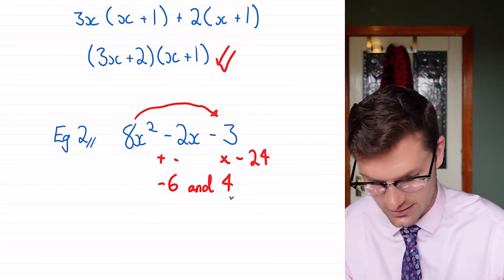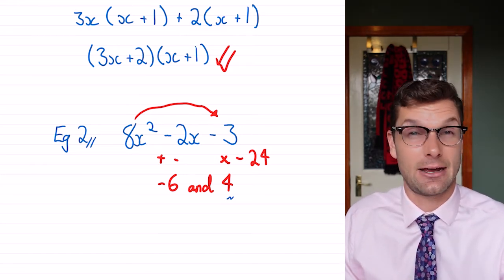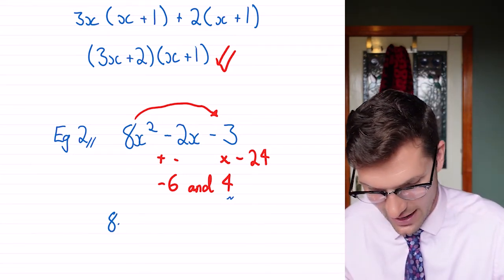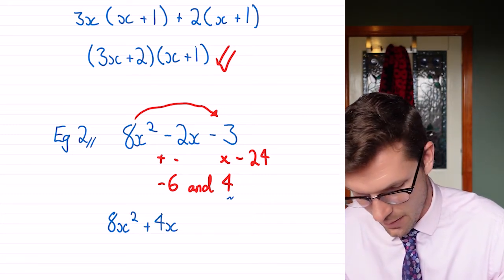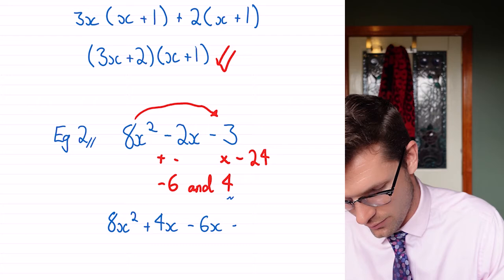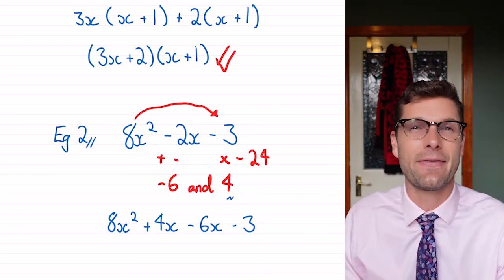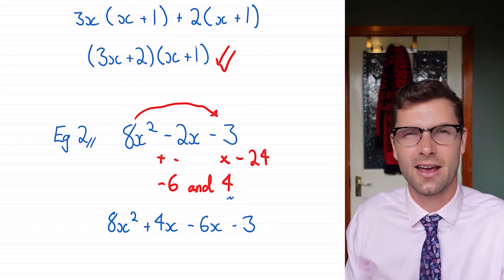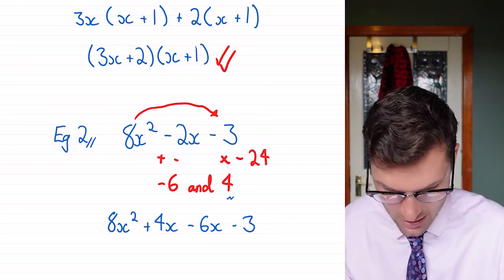I think it makes more sense for the 4 to go with the 8 and the 6 to go with the 3, so that's how I'm going to write it out. So this is going to be 8x squared plus 4x minus 6x minus 3. If you do it the other way around, the factorization will still work. It just might be a tiny bit more straining.